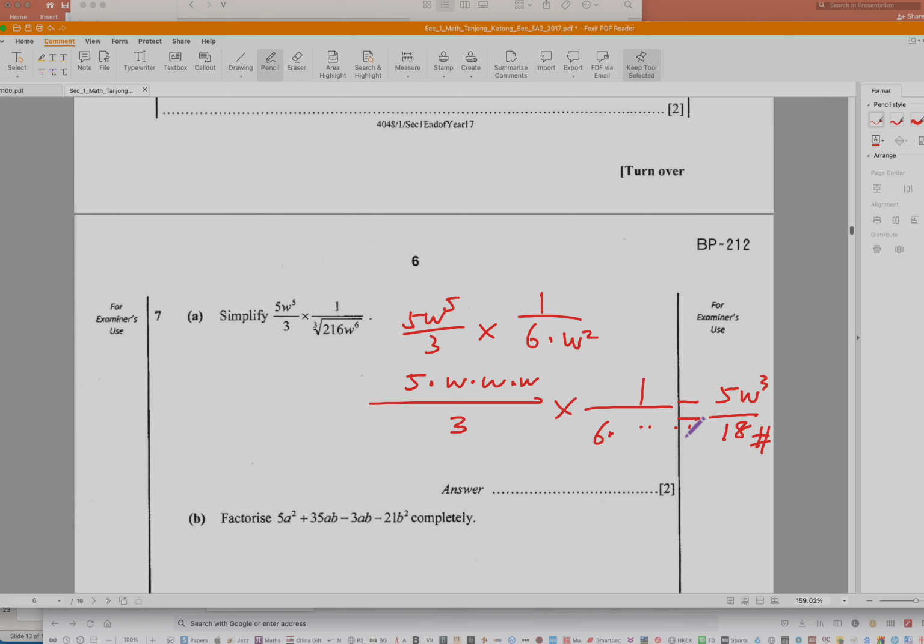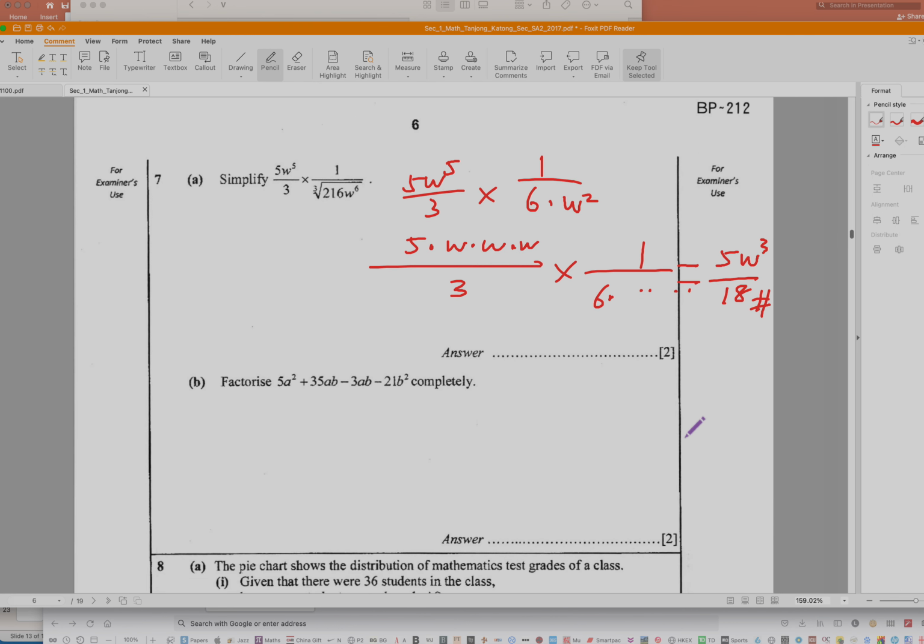Okay? Can you manage 7b? Yes, I got it. Let me see what's your answer. 3a minus 3b. Let me see. Take out 5a. So what happened here? The sign is different, right? So how do you do it?